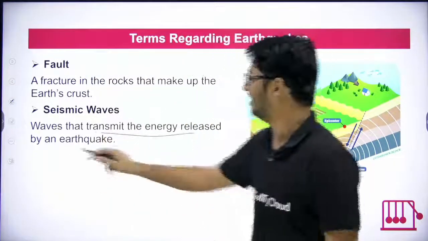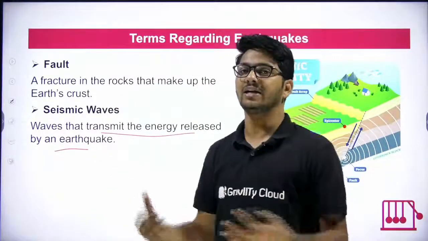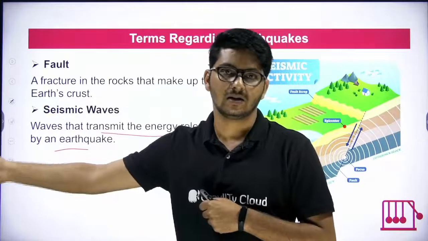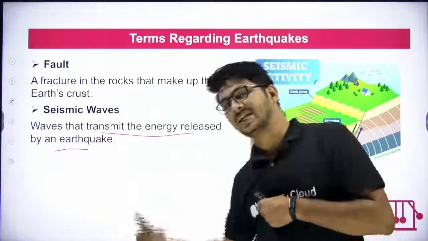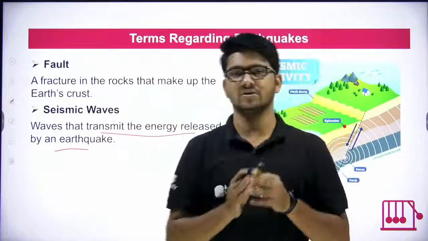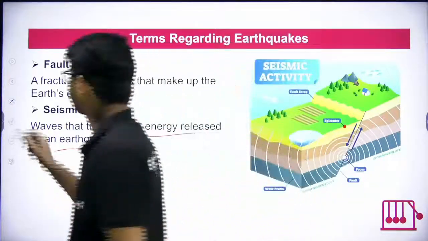They carry the energy released by an earthquake, and the farther they travel, the lesser the energy. That is the reason if you are far away from the focus, the damage due to an earthquake will be less. Got it?